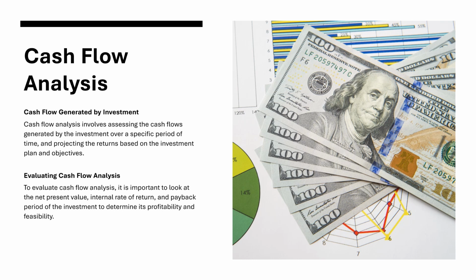Cash flow analysis involves assessing the cash flows generated by the investment over a specific period of time and projecting the returns based on the investment plan and objectives. Evaluating cash flow analysis. To evaluate cash flow analysis, it is important to look at the net present value, internal rate of return, and payback period of the investment to determine its profitability and feasibility.